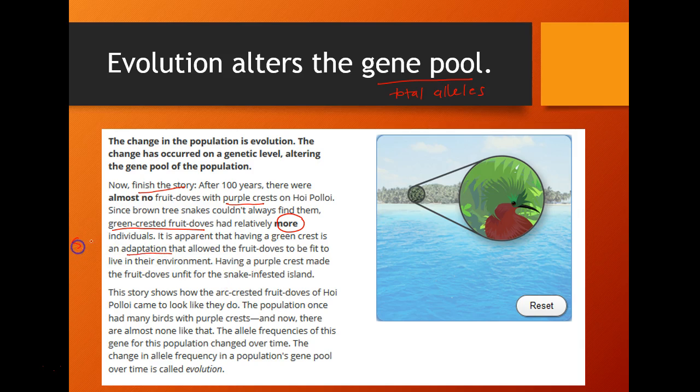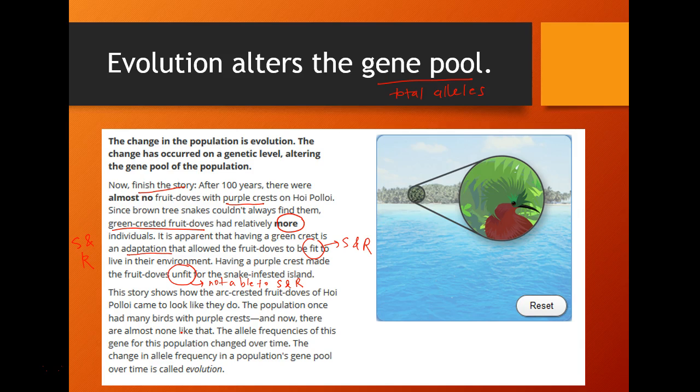Because remember, it's the survival and reproduction that allowed the fruit doves to be more fit, which again means survive and reproduce, to live in their environment. Having a purple crest made the fruit doves unfit for the snake-infested island. The reason why? They were not able to survive and reproduce.